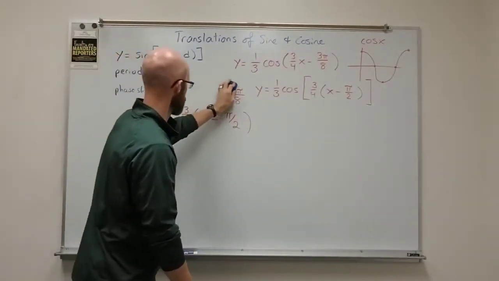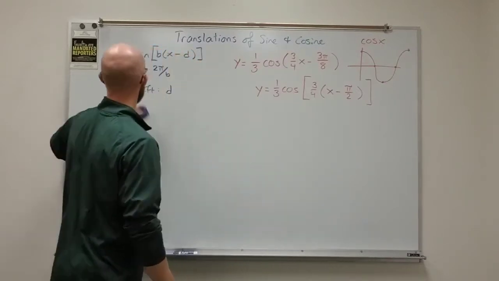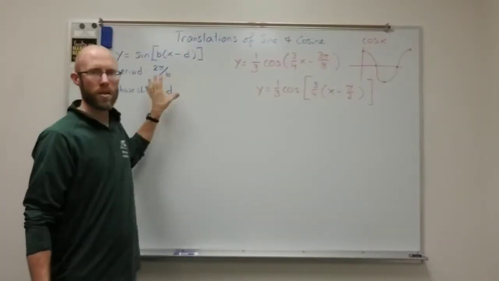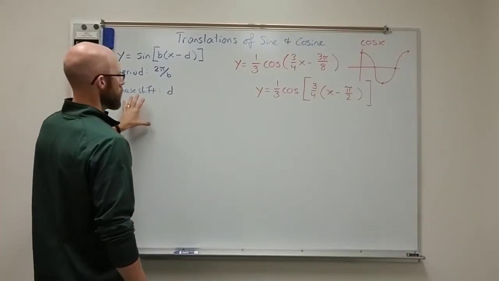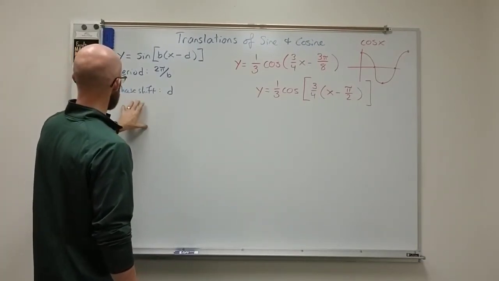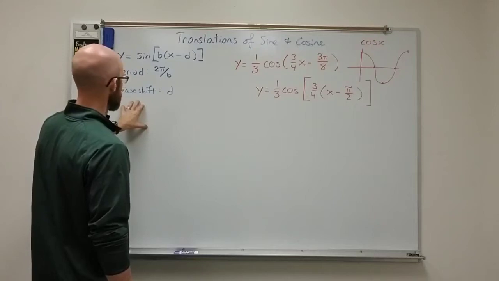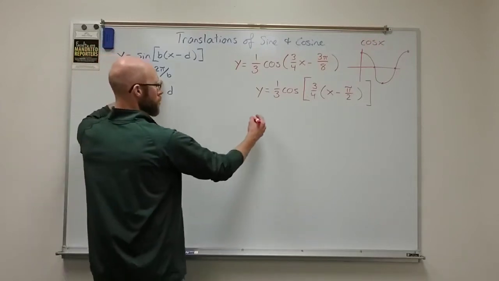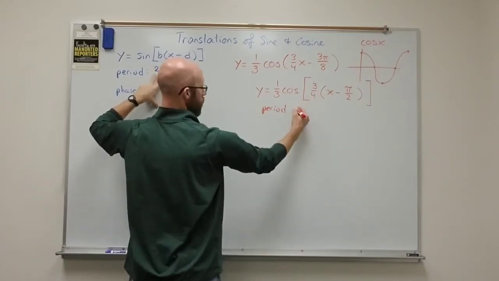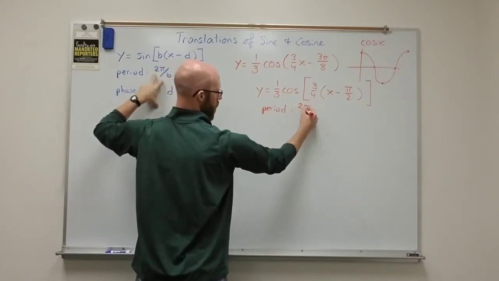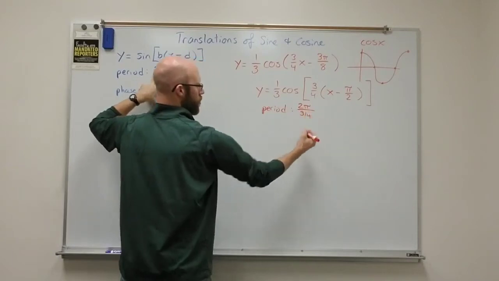Now, I'm going to erase this work and find all these pieces of information here. So, let's see. Let's look at 2 pi over b for the period. Well, the b value is 3/4. So that's 2 pi over 3/4.